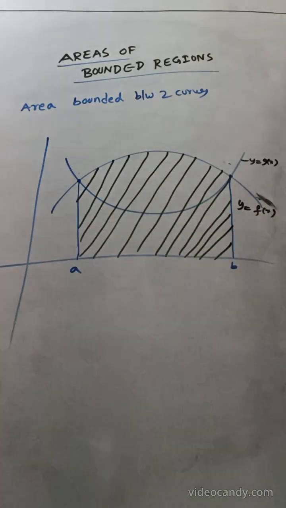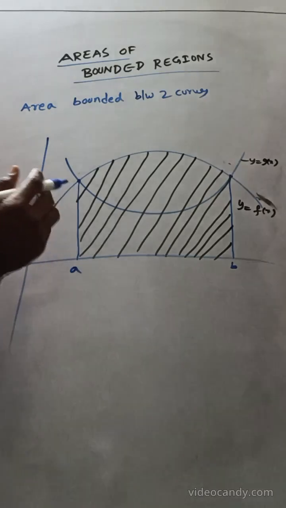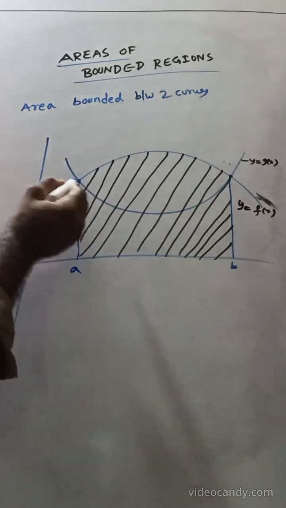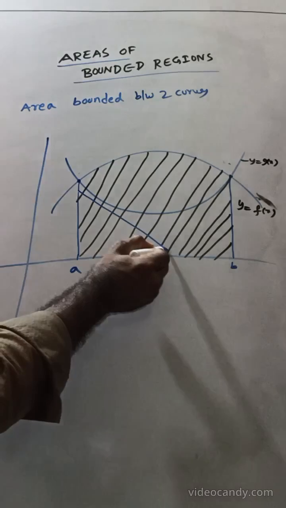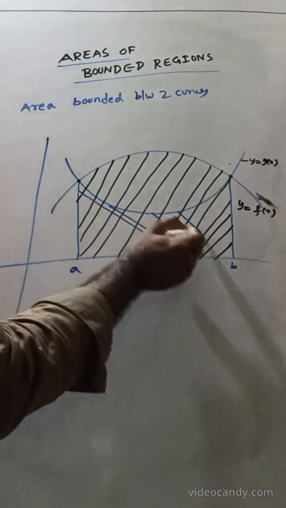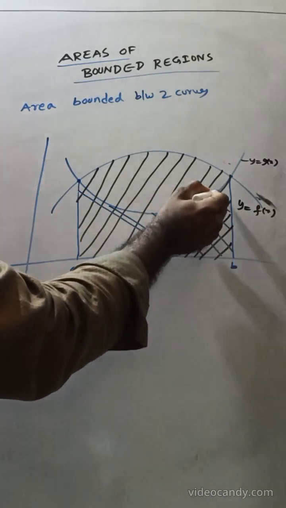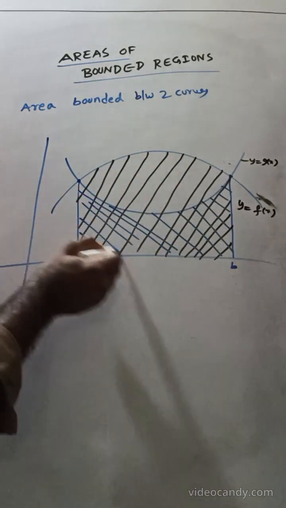From that I need to remove the area bounded by the curve g of x. So what is the area bounded by g of x with the x-axis? This part. This is the area bounded by the curve g of x. Clear? This is the area I want to remove.